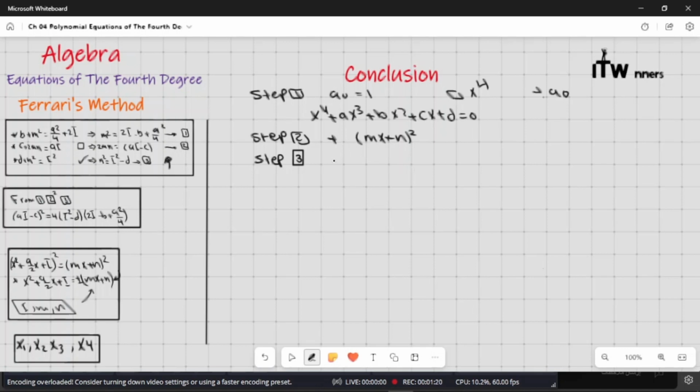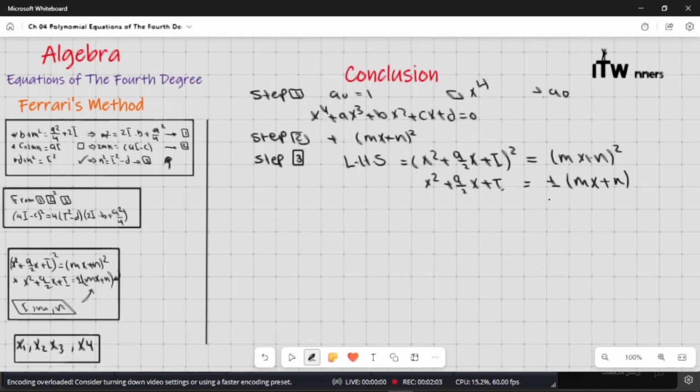Step 3, we just complete the square of the resultant left hand side after adding the bracket square. Okay, so here the left hand side equal to x squared plus half ax plus I squared, which equal to the right hand side of mx plus n squared, just to obtain x squared plus half of ax plus I will be equal to plus or minus mx plus n.